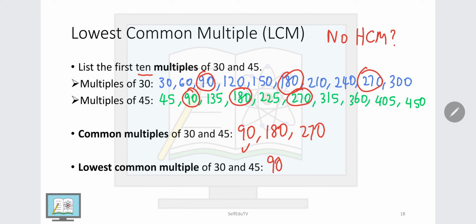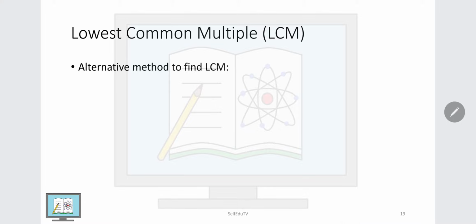Let us look at an alternative method on how to find LCM. The initial process is the same as finding HCF. Let's say I want to find the LCM of 30 and 45. You pick any whole number that divides exactly into these two, 30 and 45.